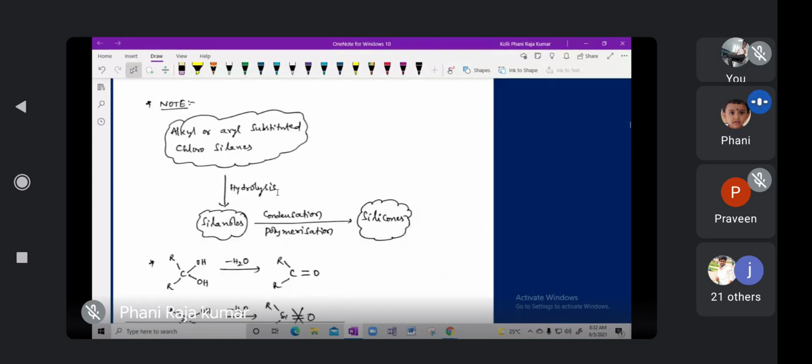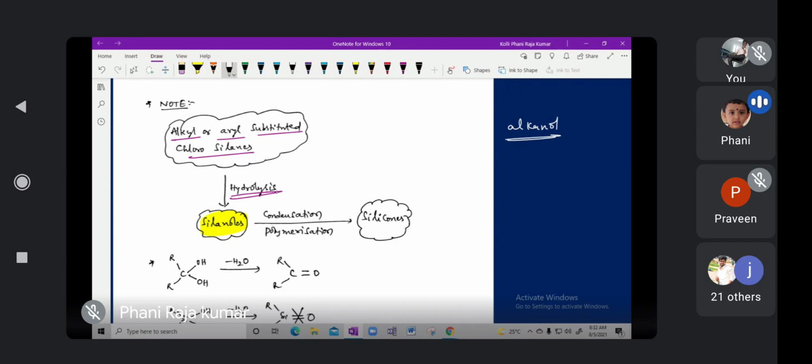Now let us take alkyl or aryl substituted chlorosilanes. Then hydrolysis. Then we get an intermediate compound, silanol, similar to alkanols. Alcohol groups are there, no? Similar to alkanol, here we get silicon surrounded by OH groups. We call them silanols, intermediate compounds.